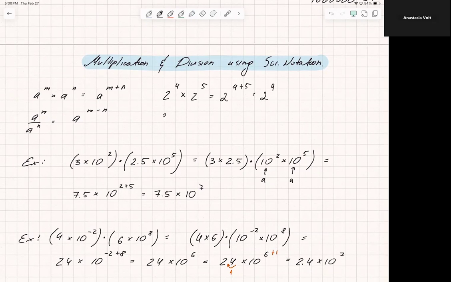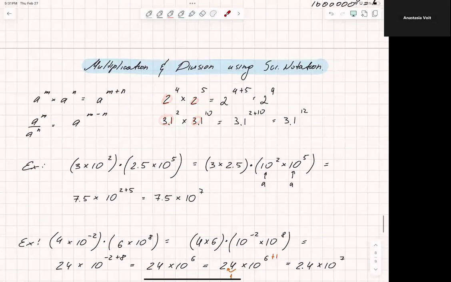Or let's say you have 3.1 to the power of 2 times 3.1 to the power of 10. In this case, we would have 3.1 to the power of 2 plus 10. That's going to be 3.1 to the power of 12. Okay, so the base, this number, should be the same. The powers can be different.